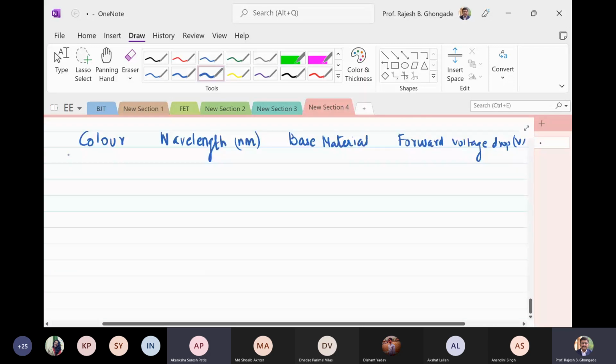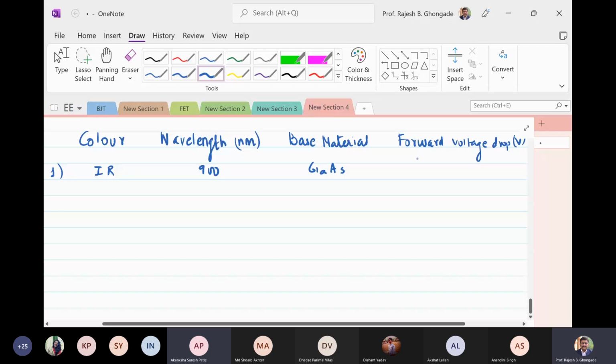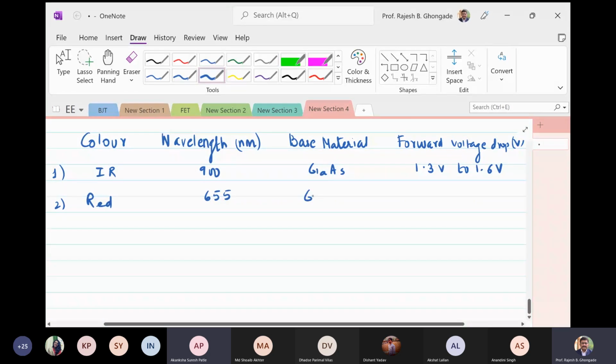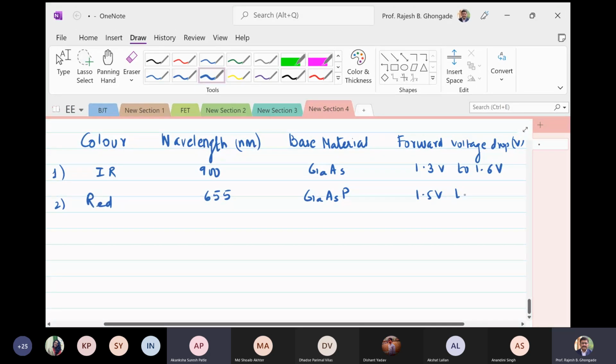Number one is IR, 900 nanometers. Material is GaAs, and the voltage drop is 1.3 volts to 1.6 volts. You've already seen this. Then red LED, wavelength is 655 nanometers, GaAsP, 1.5 volts to 1.8 volts.